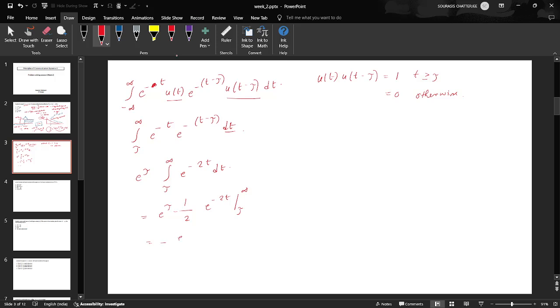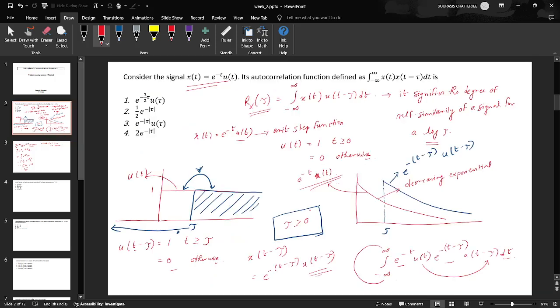So we'll have minus e to the power tau by 2, replacing t with infinity, e to the power minus infinity, that is 0, minus e to the power minus 2 tau. So what we obtain is e to the power minus tau by 2. Now remember, the answer doesn't end here, because we only considered the case when tau is greater than or equal to 0. So effectively the signal is leading.